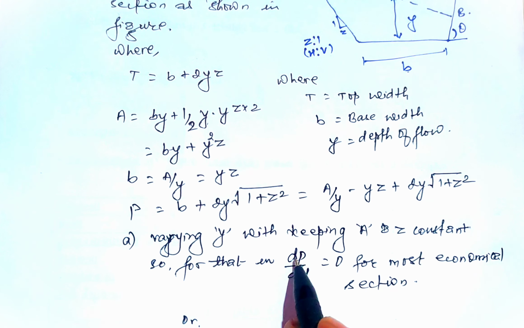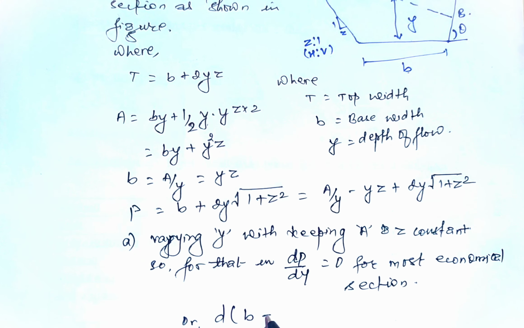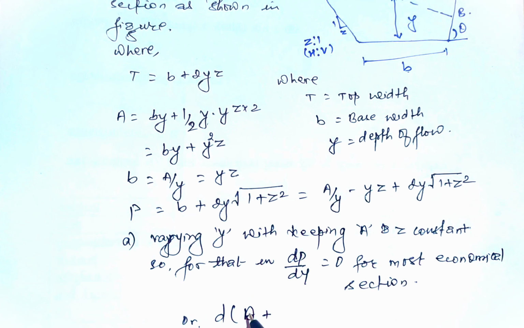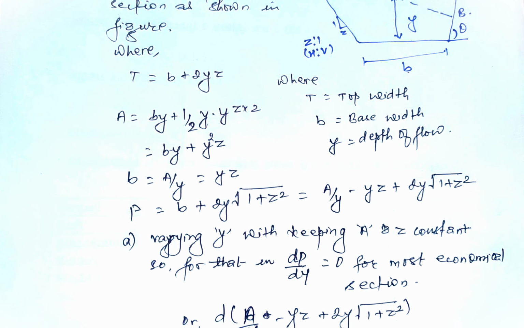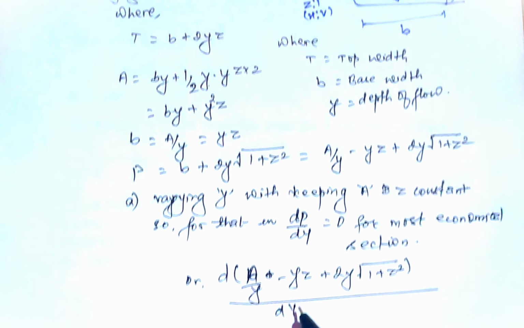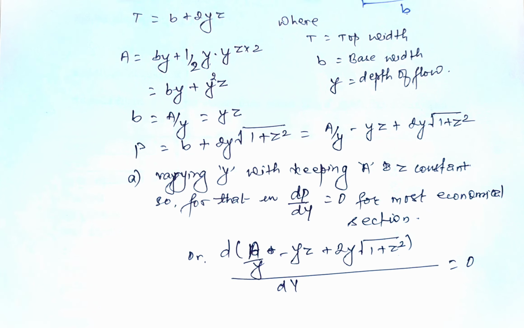Placing the value of P, A by y minus yz plus 2y root over 1 plus z square, divided by dy equals 0.